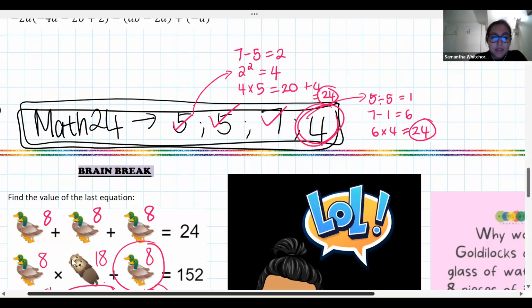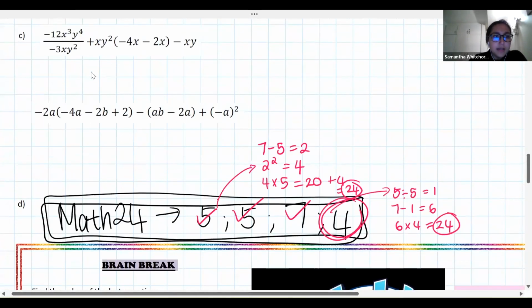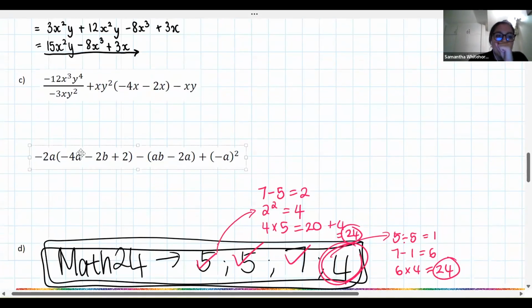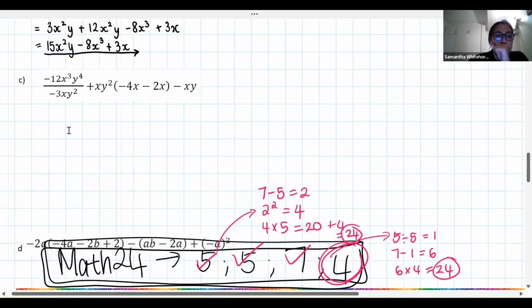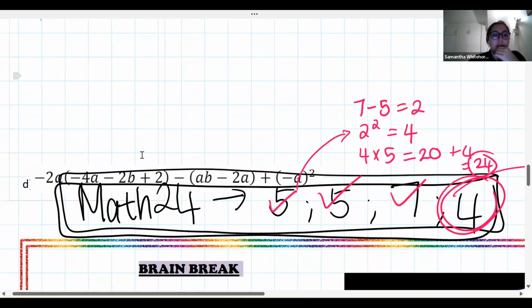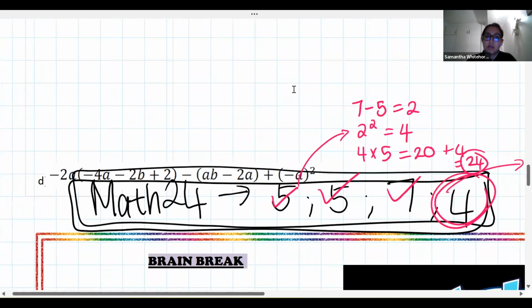Alrighty, let us go back to some algebra because we all love algebra. Righto, so let us have a look at our third question over here. I've definitely not left myself enough space, so give me 2 seconds.